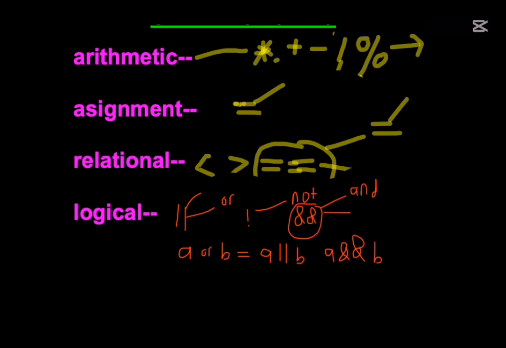Or if I want to use this with equal, let's say I want to say a is not equal to b. I'm just going to write this not, and equal, because this alone means not, and this is equal. Normally we write equal as double, but when we put them together, we just write one.